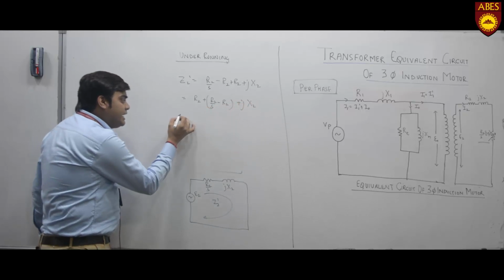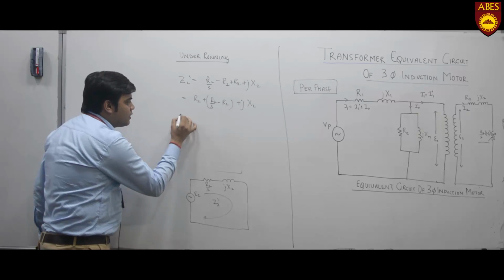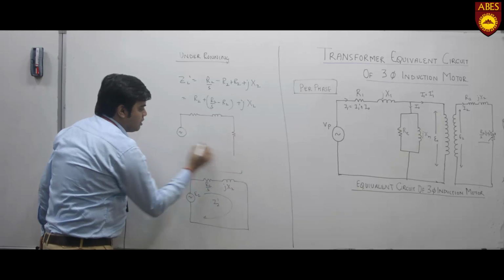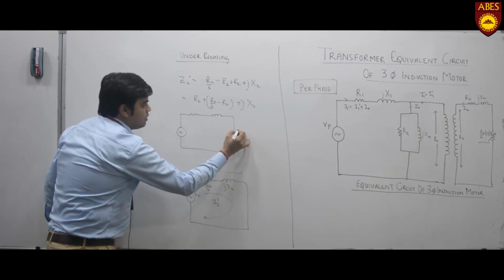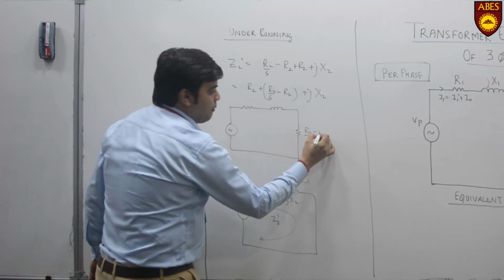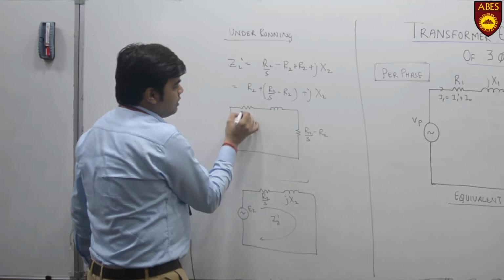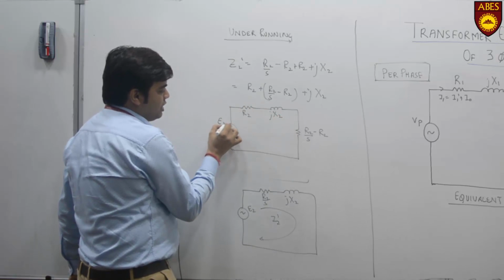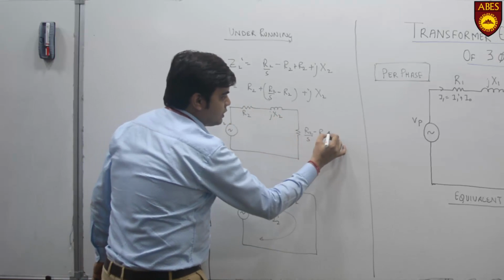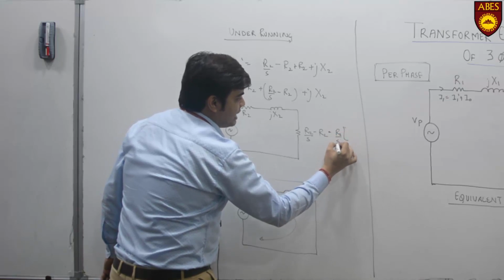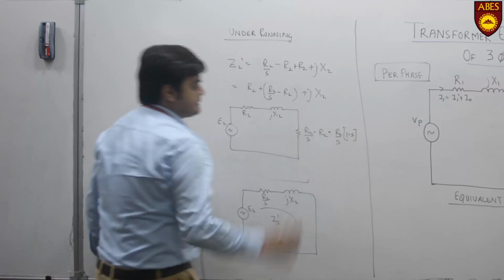So it can be redrawn as R2 by S minus R2, JX2, and E2. This is R2 by S into (1 minus S).